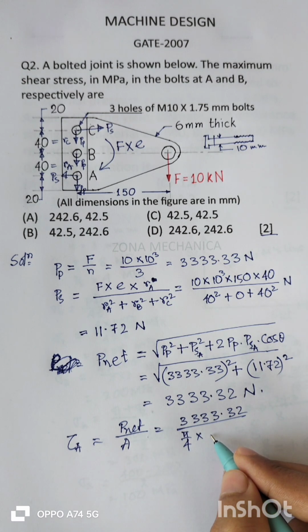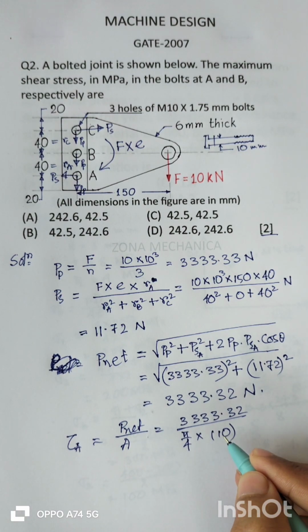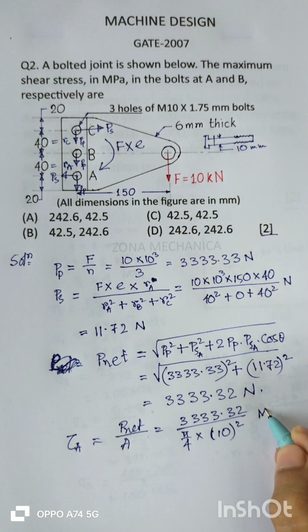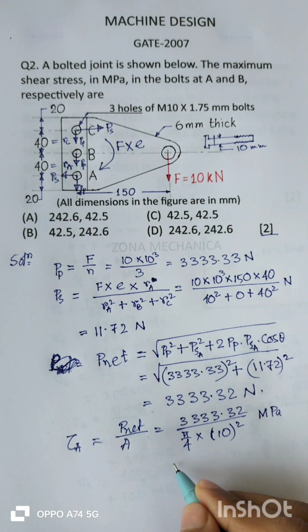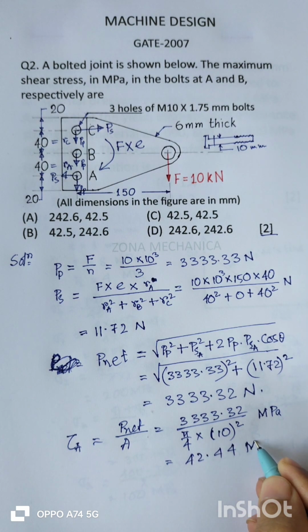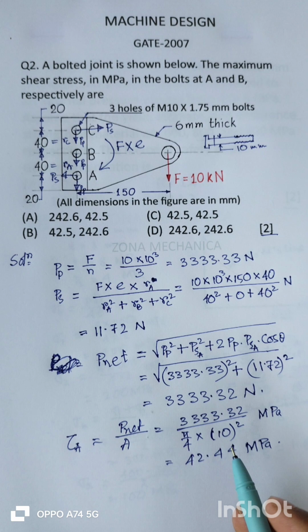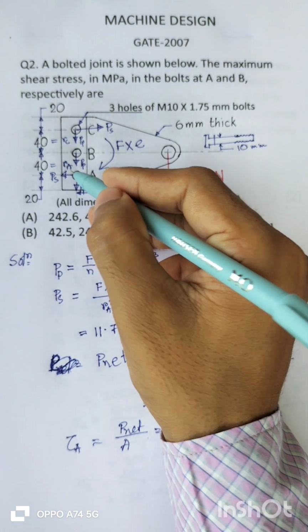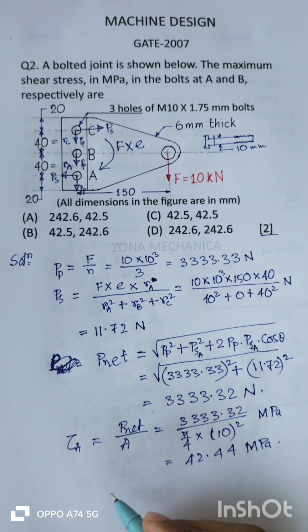See, d is 10, right? The shank dia of the bolt is 10 mm, so this is Newton per square mm, that is in MPa, right? So this will come around 42.44 MPa. So this is the maximum shear stress which is developed at bolt A.